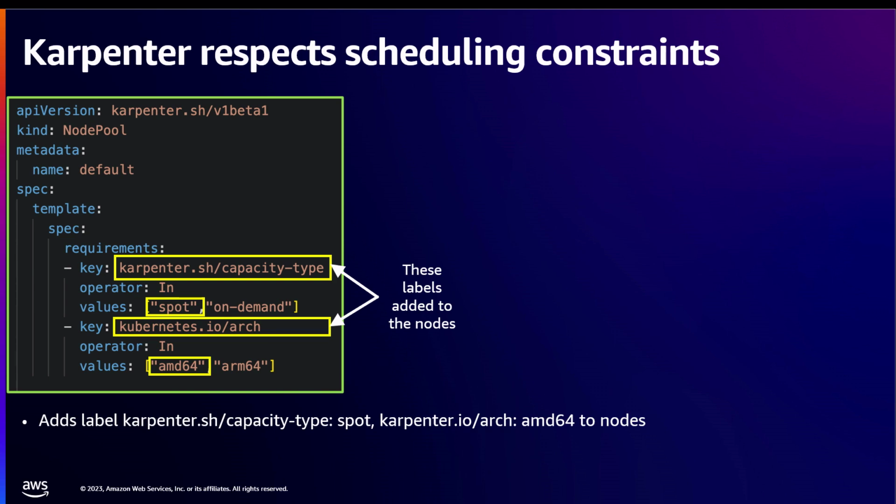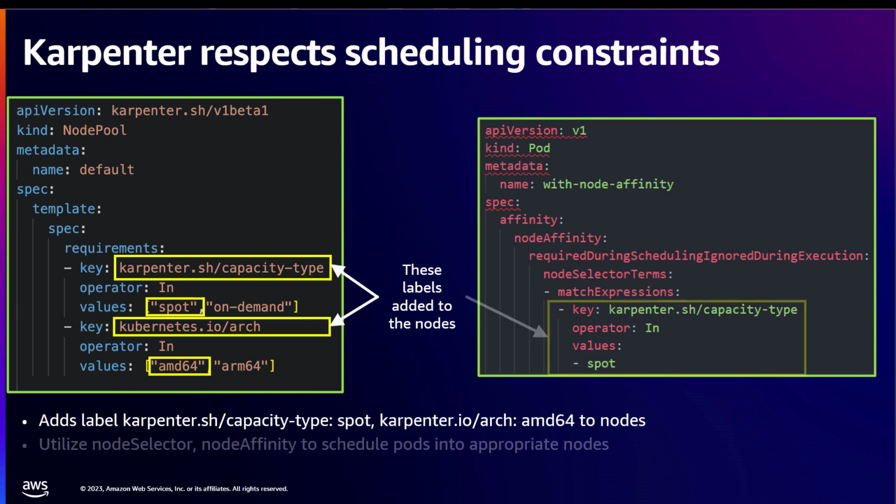What that means is, in your pod definition file, you can use those to schedule your pods. So in your pod definition file on the right, if you say, hey, this pod needs to be scheduled in a spot instance, Karpenter will provision a spot instance and schedule this pod.